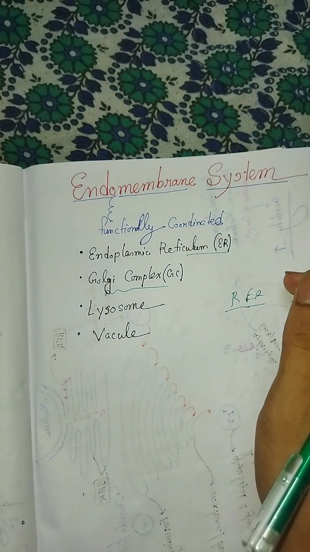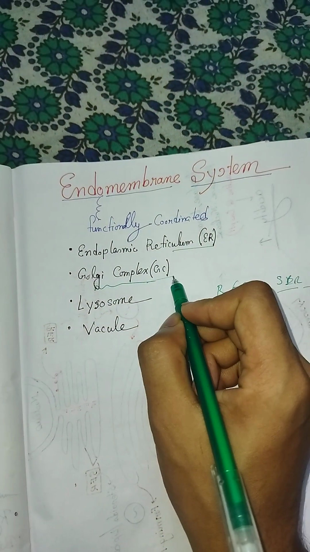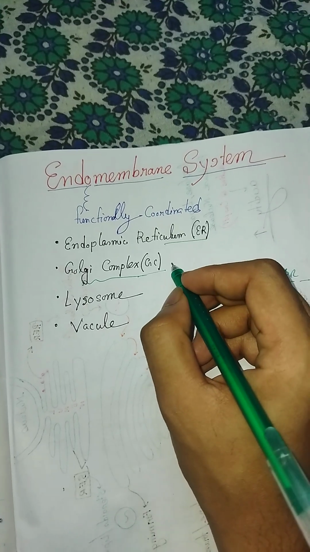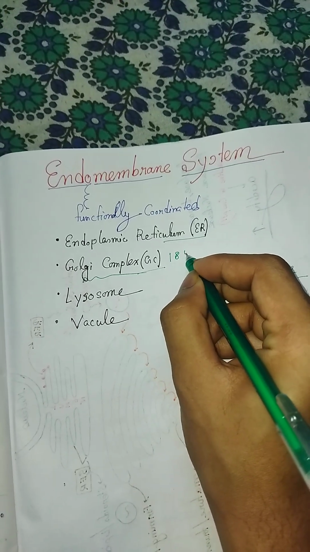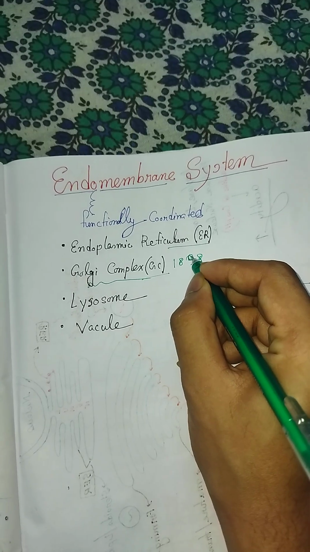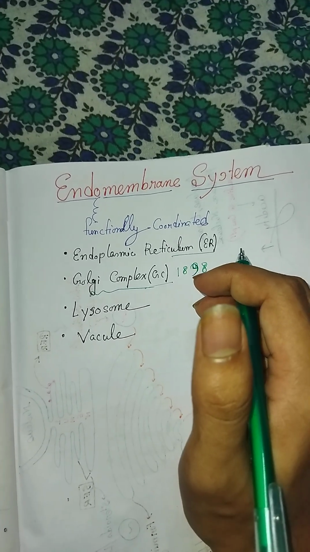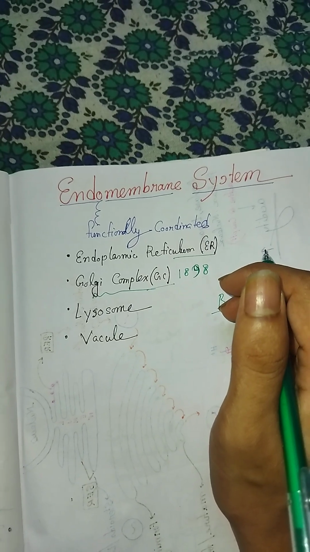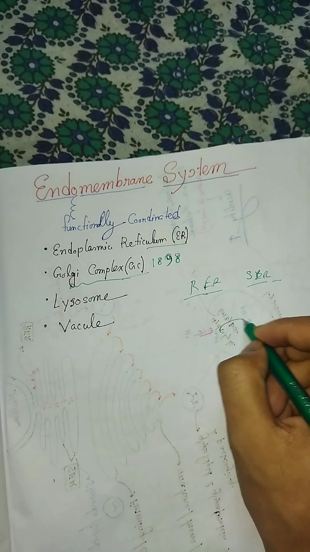Now let's talk about the Golgi complex. Camillo Golgi discovered the Golgi complex in 1898. Many concentric flat parallel cisternae make up the Golgi complex. This is the structure. The flat cisternae form the cis convex face.